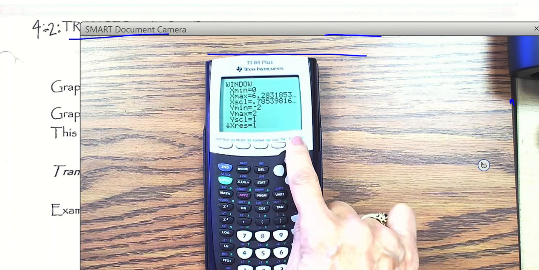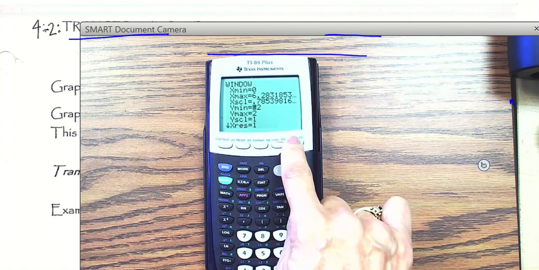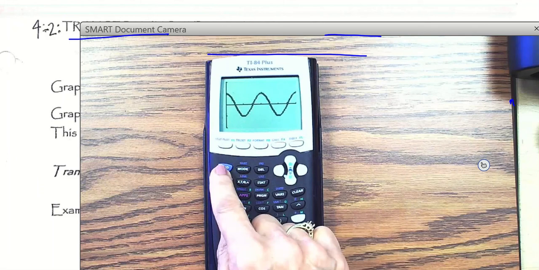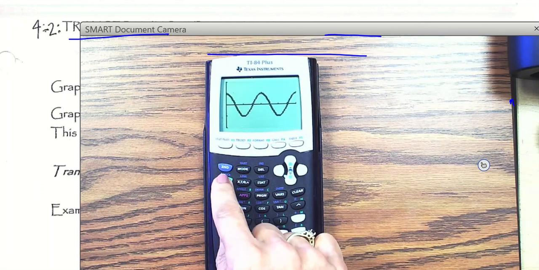So when I graph, right, this is what you should have seen. I would love to regraph that.